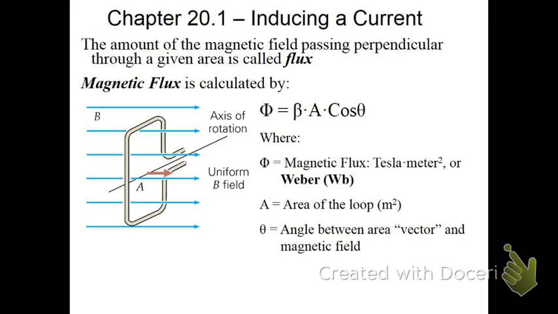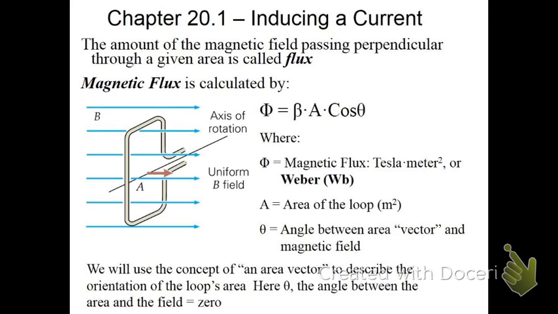Just like when we were going to produce a magnetic field with a current, they're perpendicular to one another. These are vector quantities. So it is important that the field be perpendicular to the area of the loop, or at least have a perpendicular component. And that's why we throw this cosine theta in here.